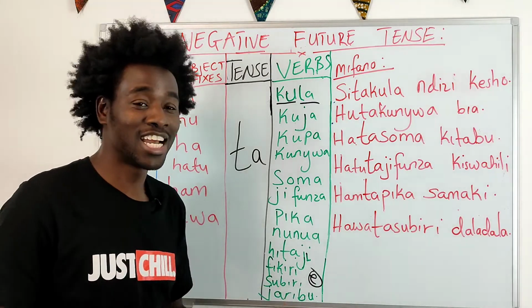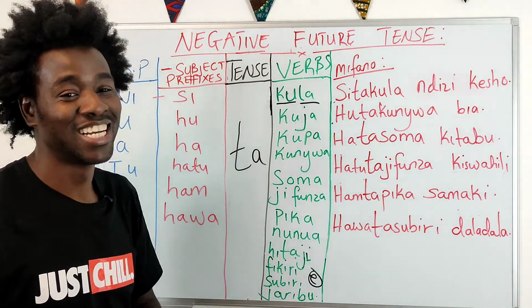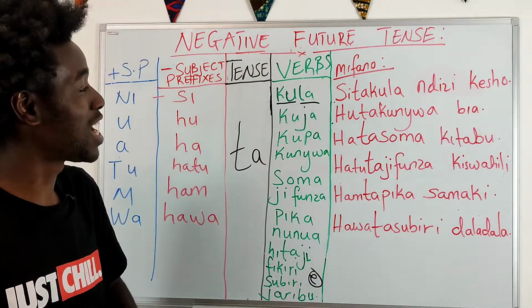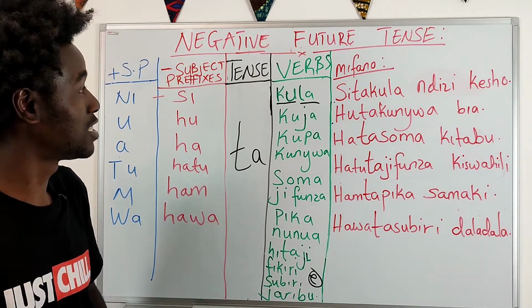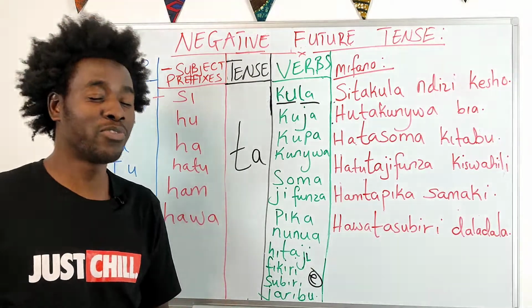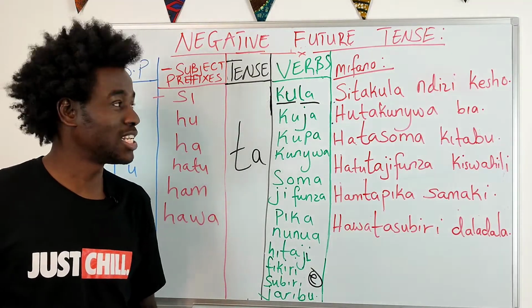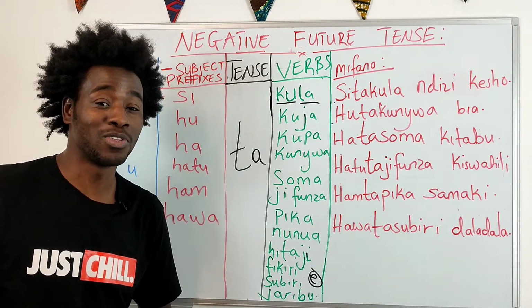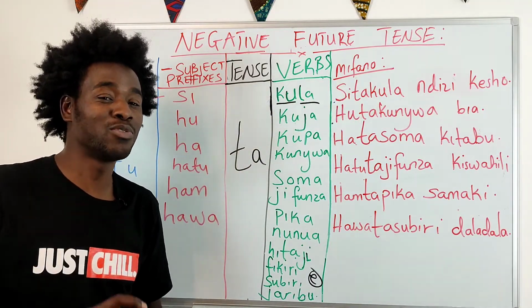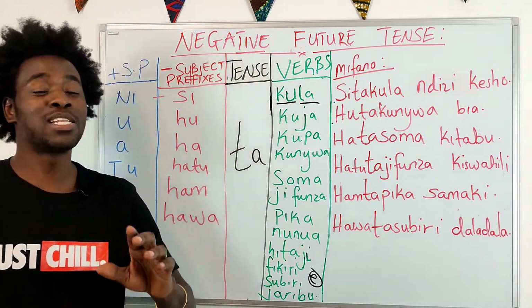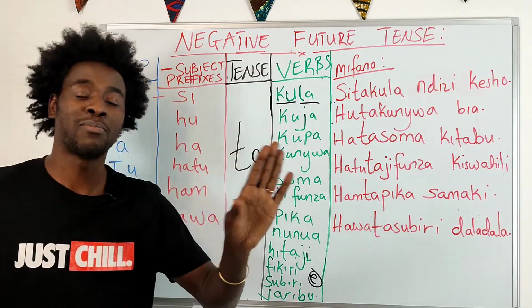And here we are going to have a look at the examples of how the negative future tense works. But before we look at the mifano, which are examples, let me give you some tips.